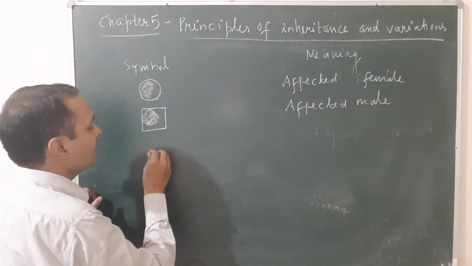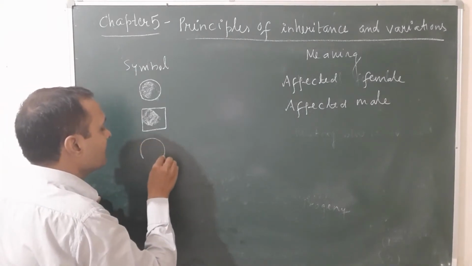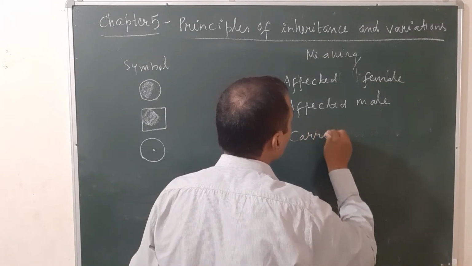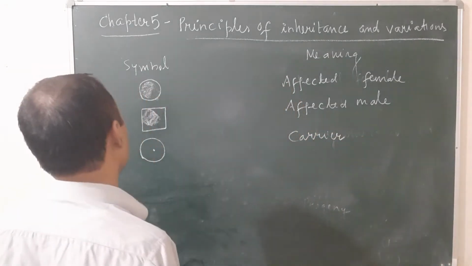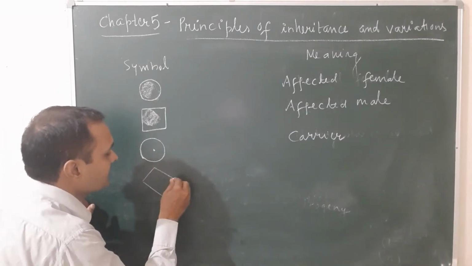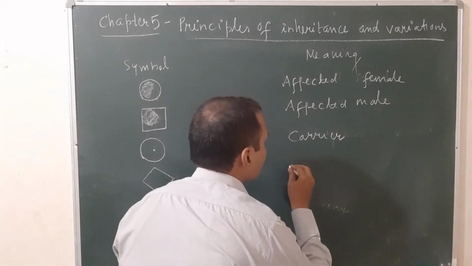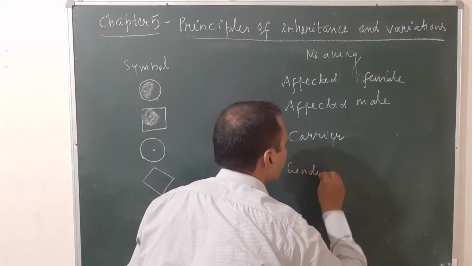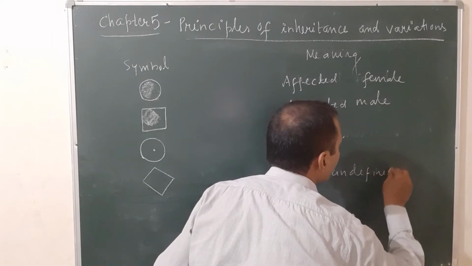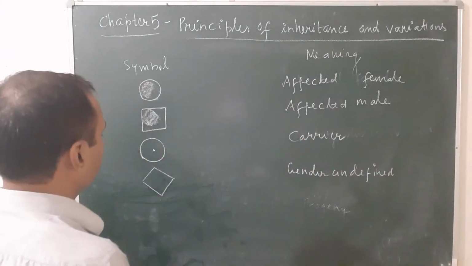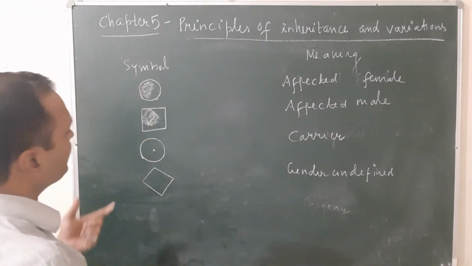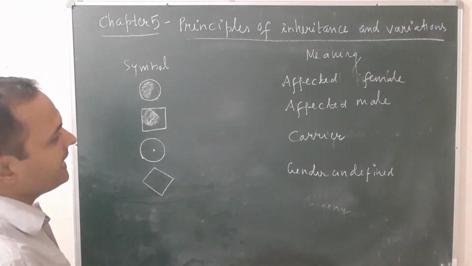When spherical with a spot at the center, it is called carrier. And when diamond shaped, then sex is undefined, or you can say gender undefined. These are the symbols used in the pedigree analysis.